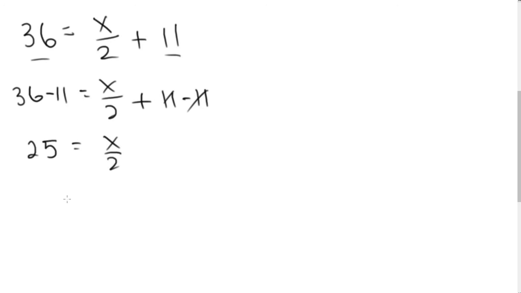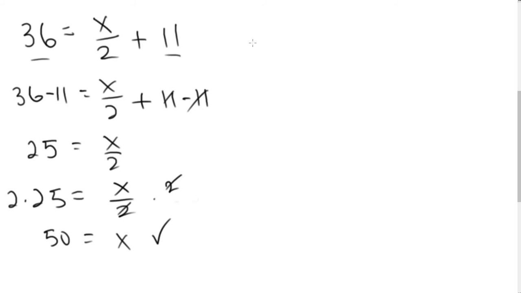Now I want to multiply by 2. 2 times 25, 50. Going to make mistakes sometimes, so let me just erase that. I'm going to multiply that by 2. The 2's cancel. Now, x equals 50 is your solution.